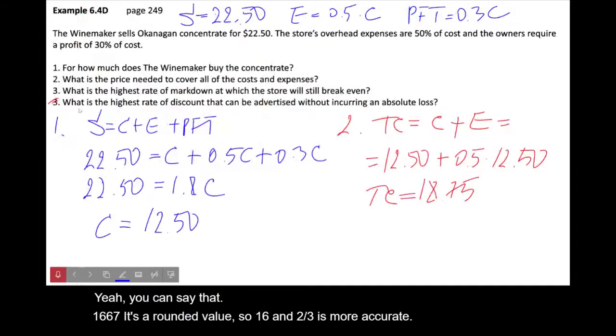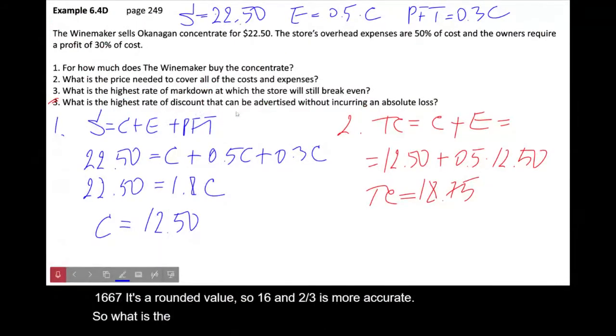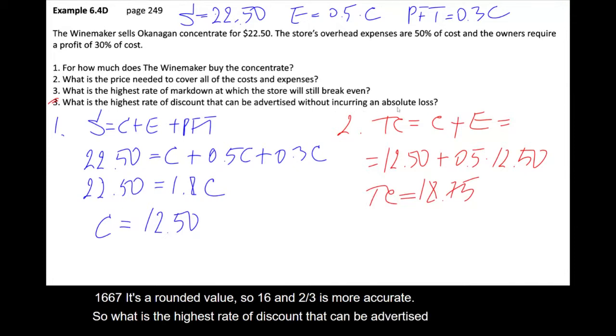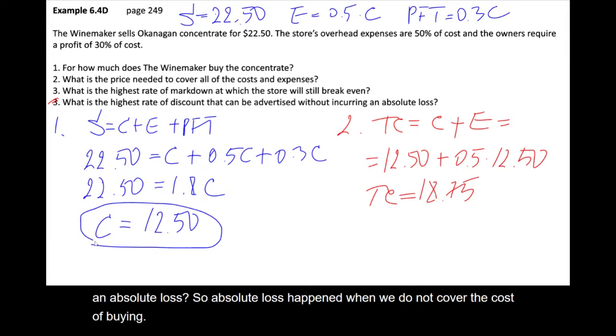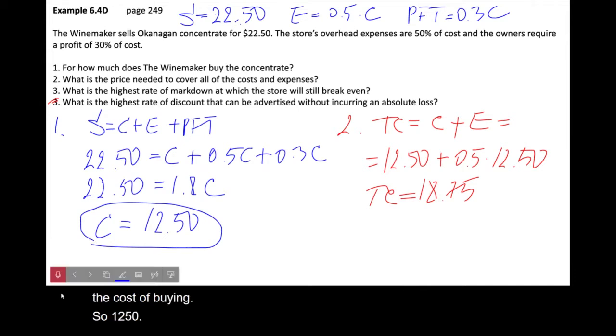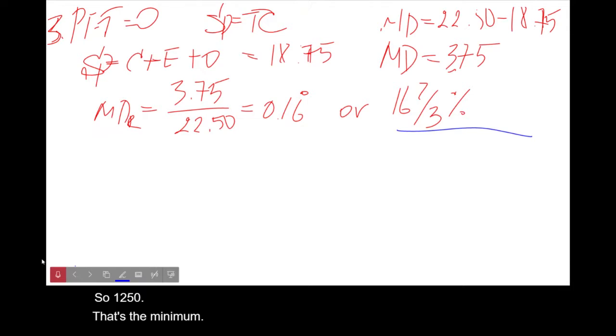Okay. So what is the highest rate of discount that can be advertised without incurring an absolute loss. So absolute loss happened when we do not cover cost of buying. So 1250, that's the minimum amount that can be charged.